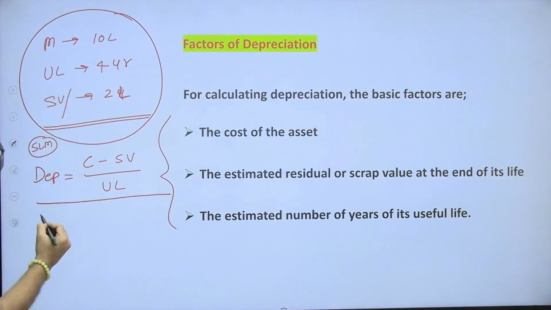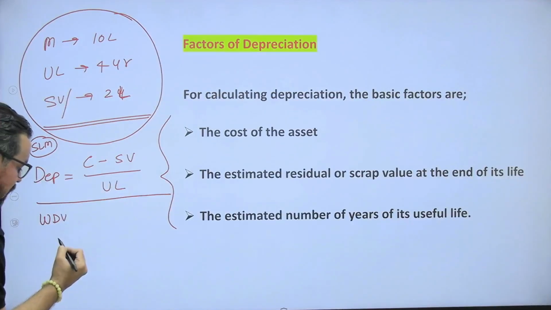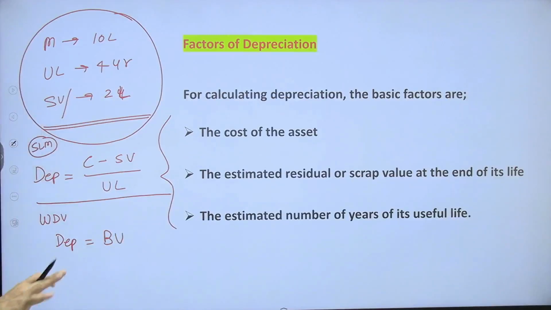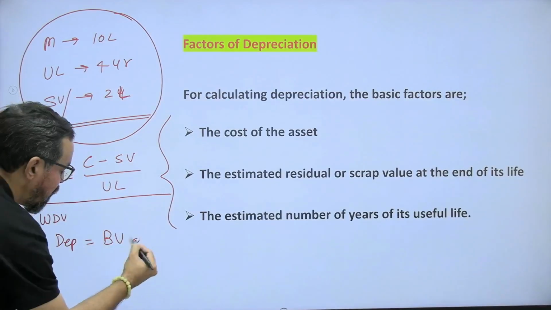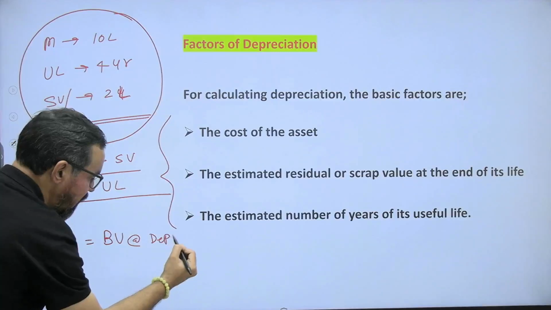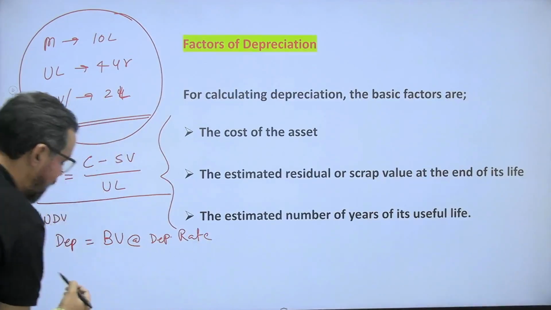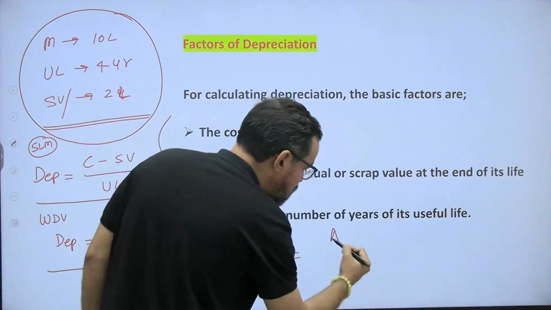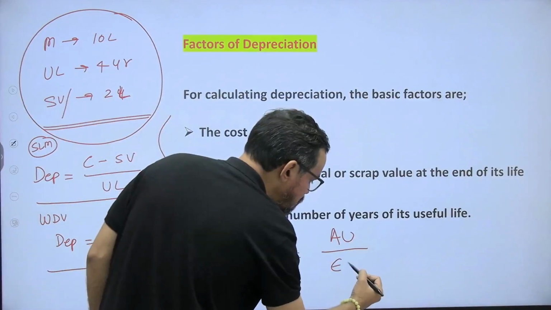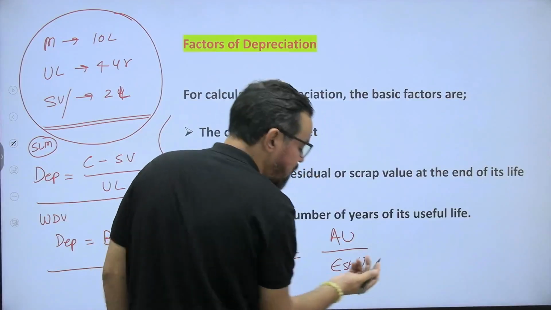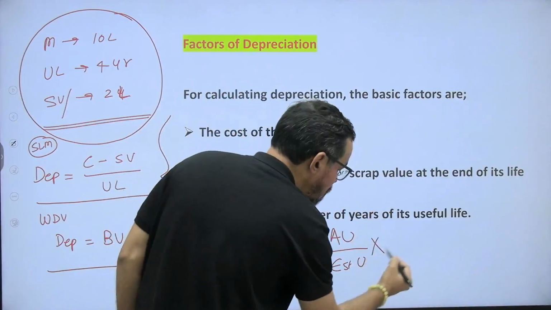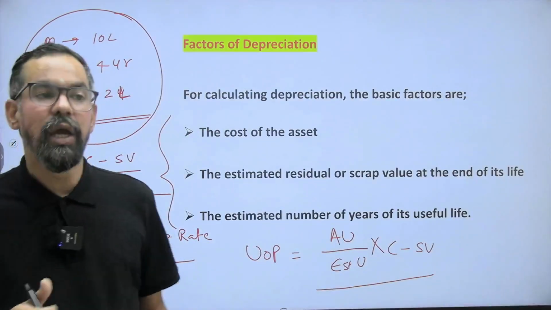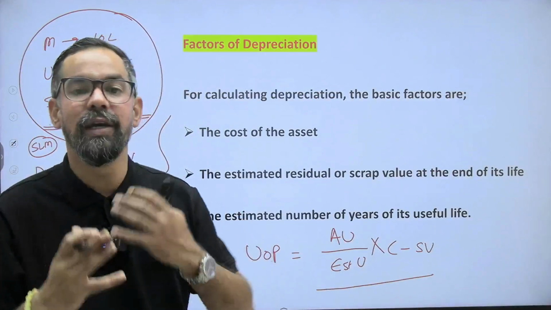When you use the written down value method, depreciation is equal to the book value of the year at a fixed depreciation rate. When you calculate depreciation by using units of production, it is actual use divided by estimated use of that particular asset, in terms of units or hours, into cost minus salvage value. So these are the three different methods which Indian companies generally use while they account for depreciation.